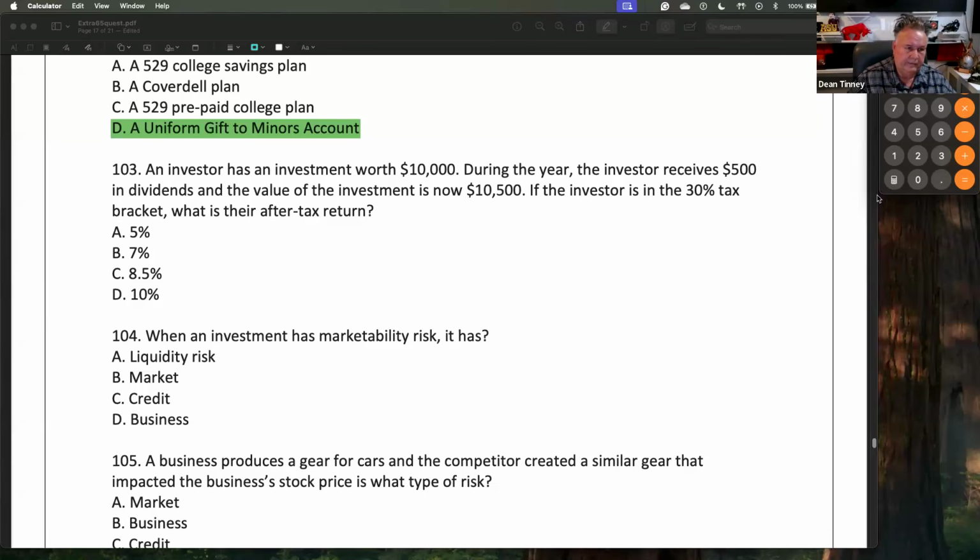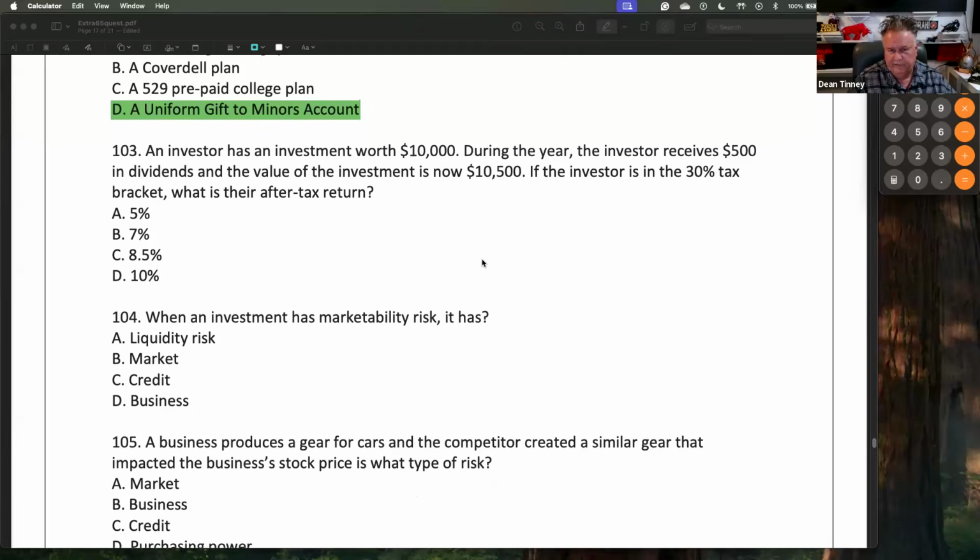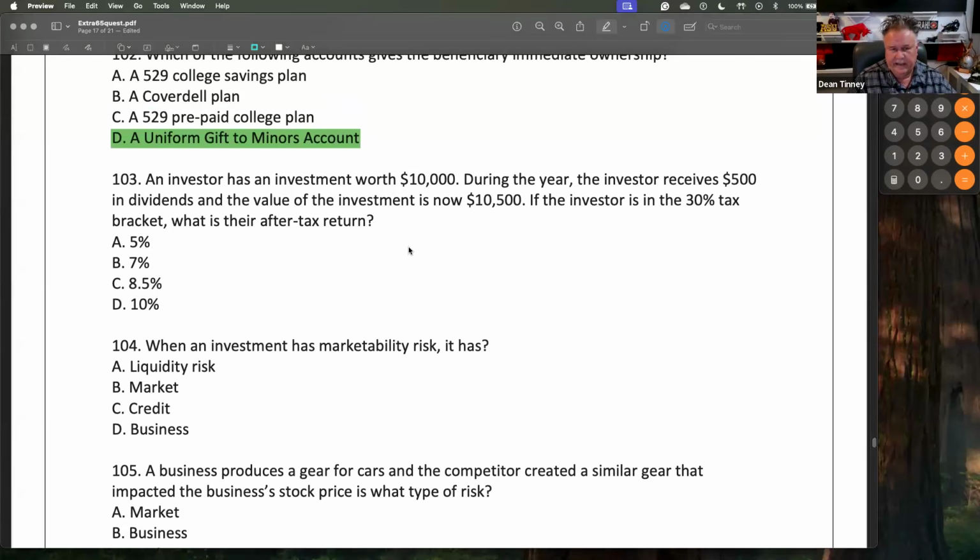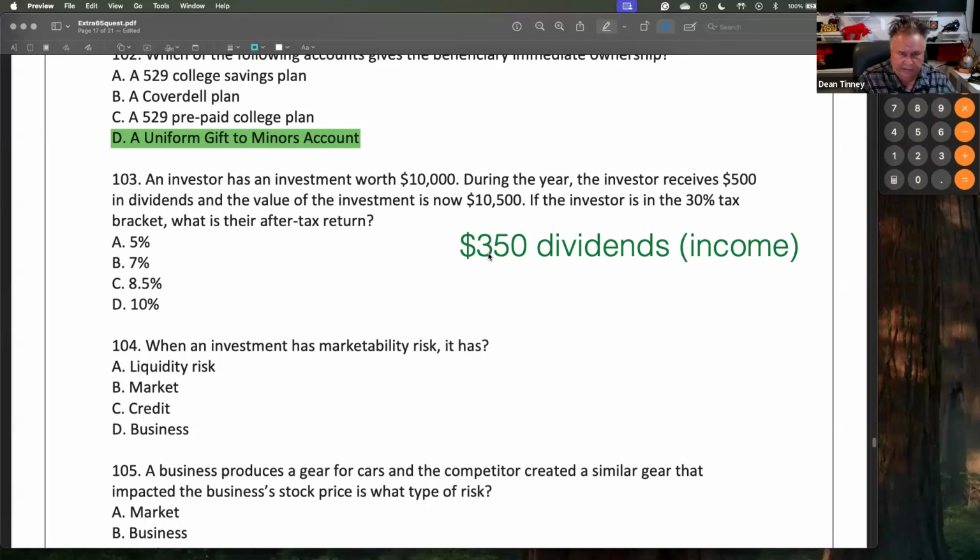We'll put that in green. We could have started by saying the government kept 150. Then I made another $500 in unrealized gains. I haven't realized that yet, but I made another 500 there in price appreciation.